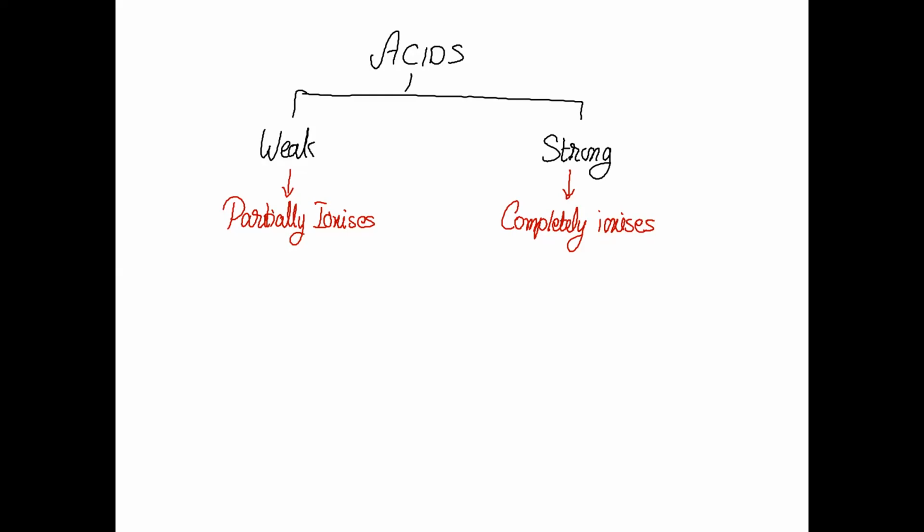Acids are definitely not ionic salts. They are able to dissociate in water, but they are not like salts. They are here because their strength depends upon the degree of ionization.